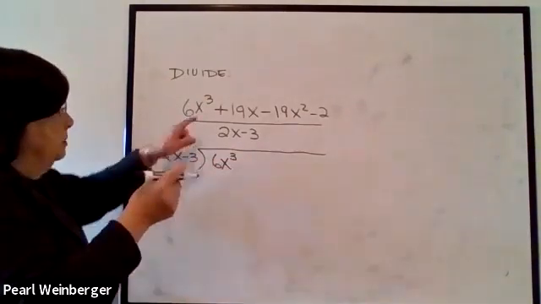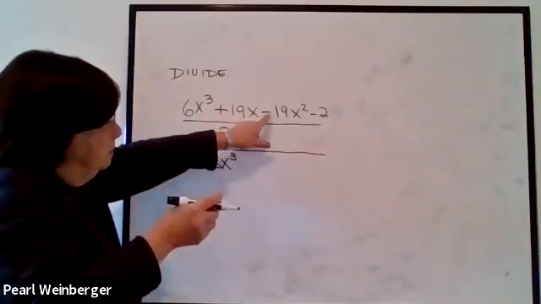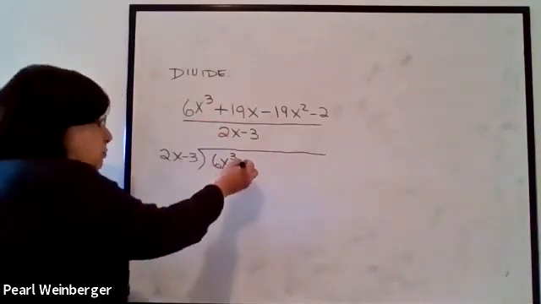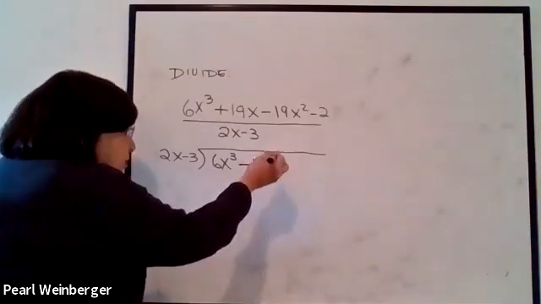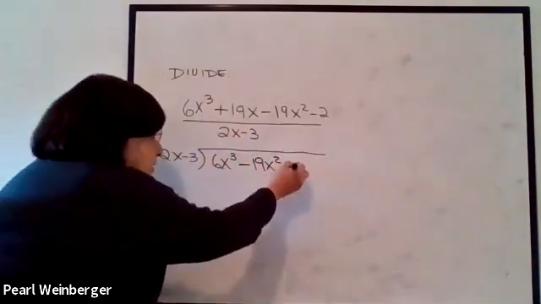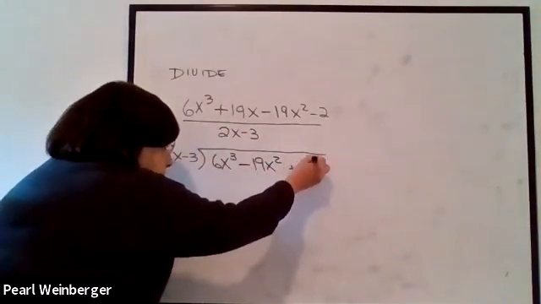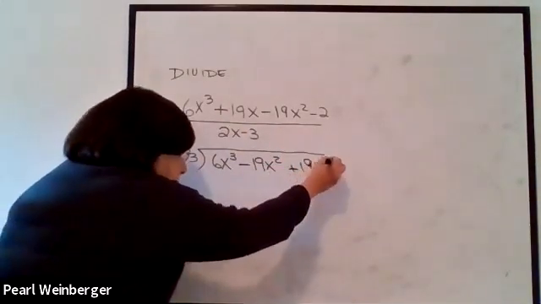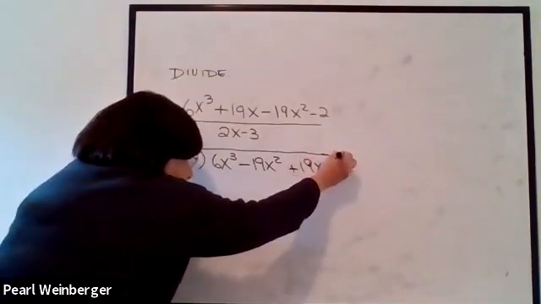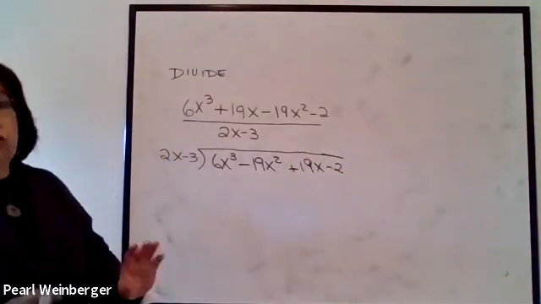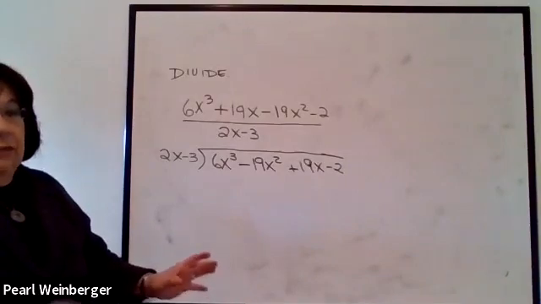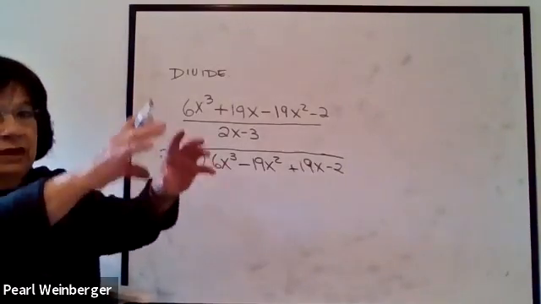But the next highest power is not 19x, it's minus 19x squared. We have to rearrange the terms so they are in descending order. Then the 19x and then the minus 2. So that's something you have to be very careful about. Make sure you're dividing into something that's in descending order.